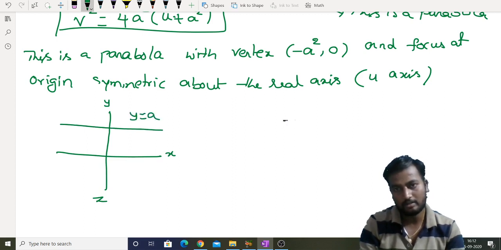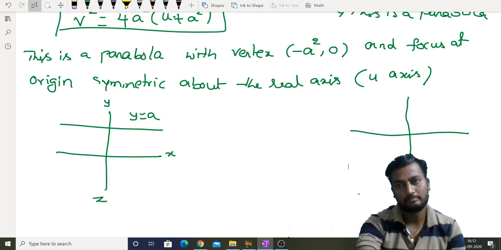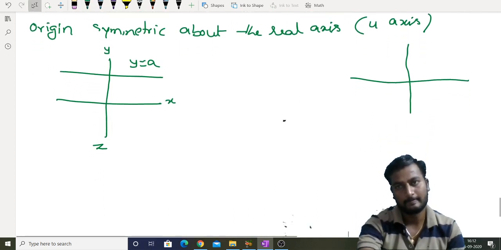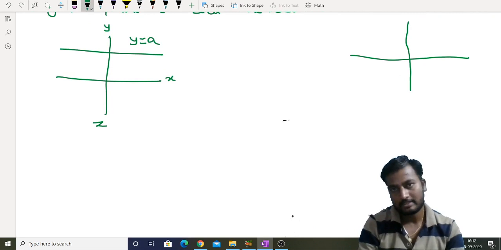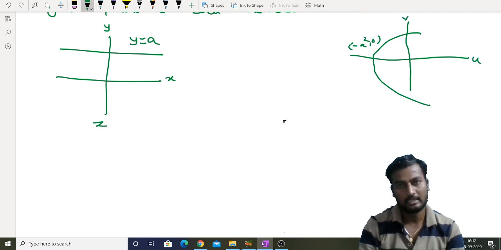So y equal to a is mapped to a parabola with vertex minus a square comma 0, and symmetric about the real axis. Is it clear? So this is our w plane, right?